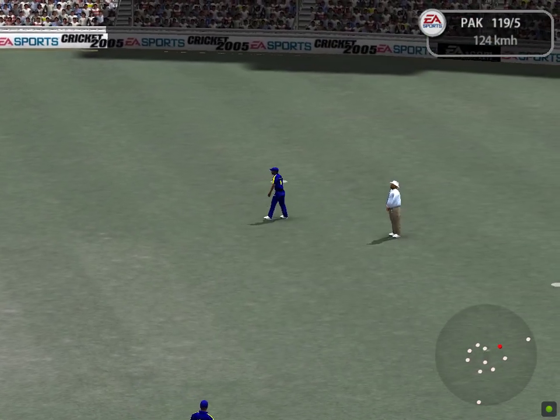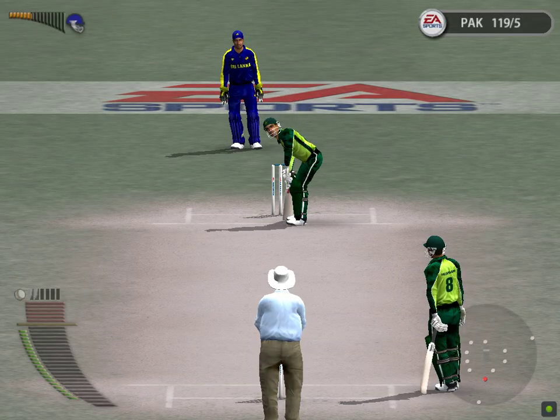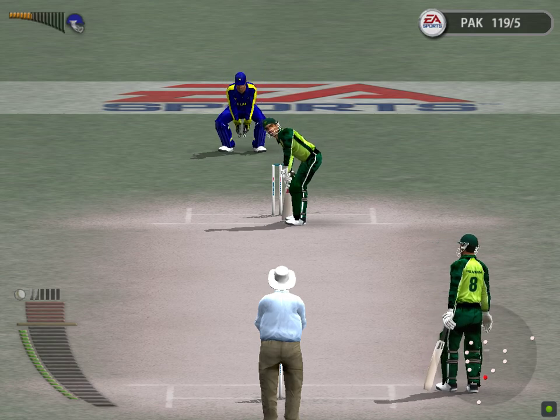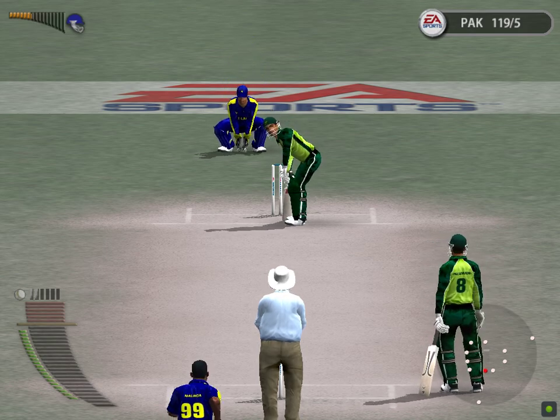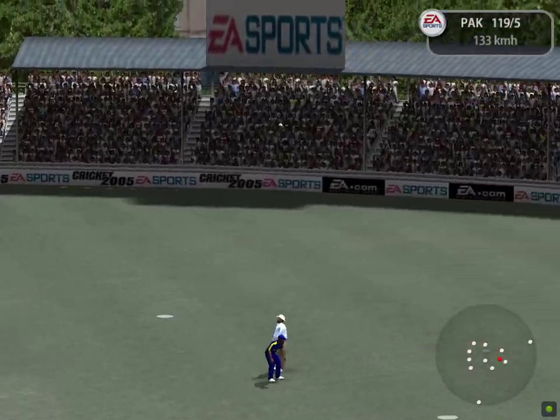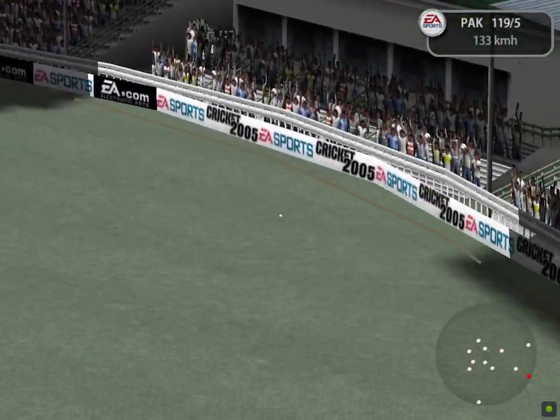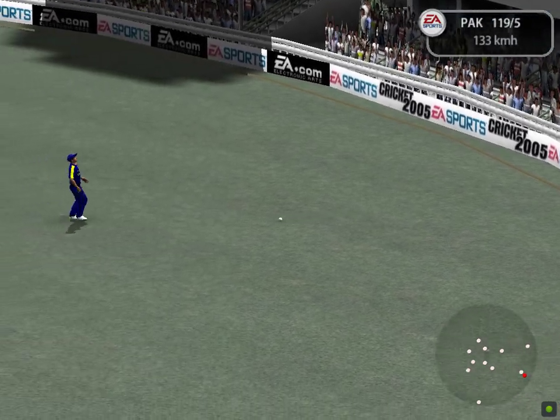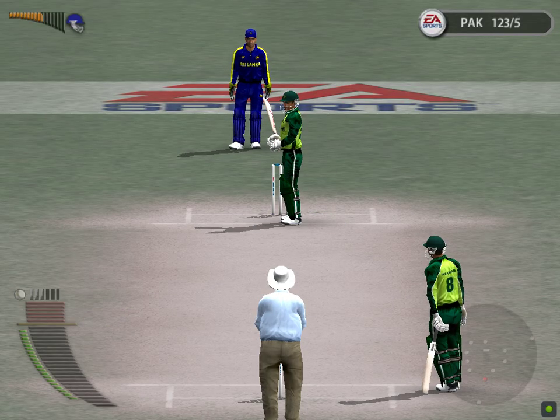Stopped by Gunawardena. Kamran Akmal facing. Sabarawira is after it. Sabarawira is not going to reach that. Let's take a look at that in slow motion.